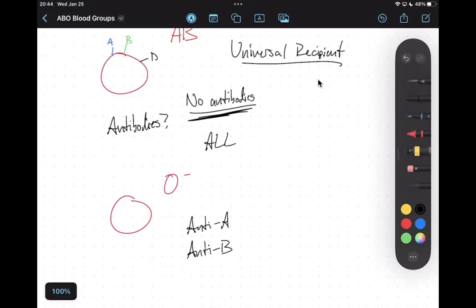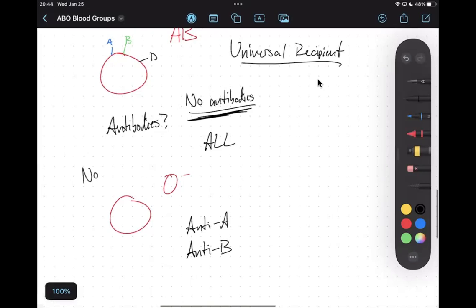Remember, we're not assuming that we have naturally present anti-Rh antibodies. We don't know if this person has been exposed yet. So we're just going to say that there's none there. So we have no A, B, or D antigens on the surface of this red blood cell.